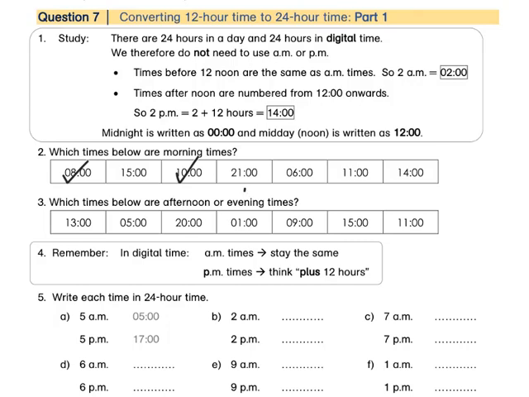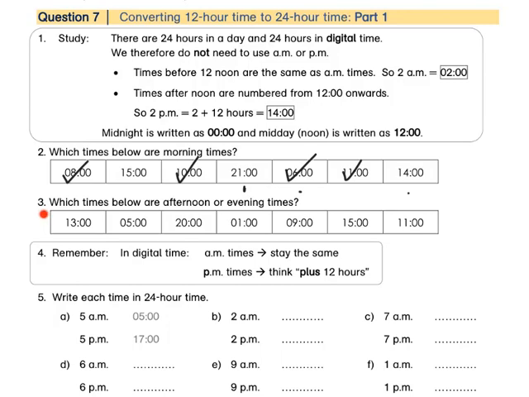That is more than 12, so it's in the afternoon or evening. 6 o'clock over here, this represents 6 o'clock in the morning, only 6 hours have passed, therefore it is a morning time. 11 is less than 12, it's a morning time. 14 is more than 12, so it is an afternoon time. So from this we see that all of our times that are less than 12 in digital time are morning times. This represents the first half of the day.